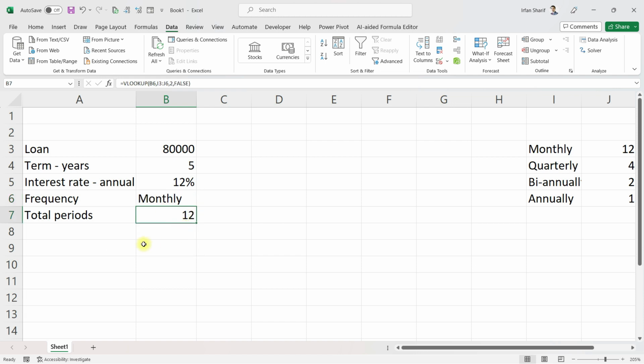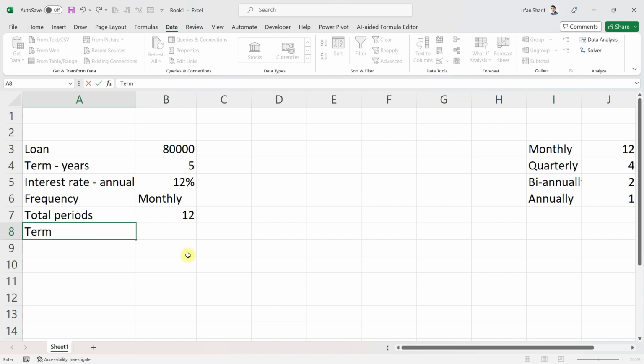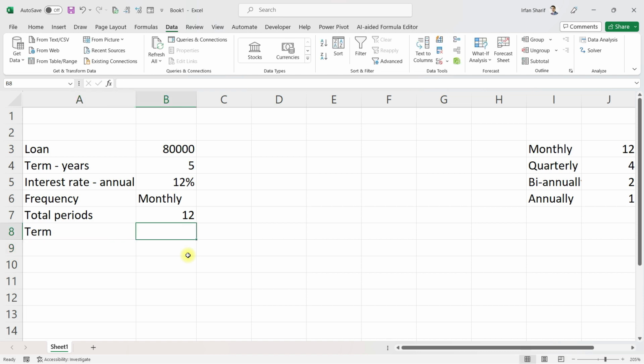Now the benefit of doing this is that I can calculate the term dynamically. If I apply a simple formula that goes to the term of the loan in years and multiplies it with the number of periods mentioned here, you can see that our term is selected here as 60.